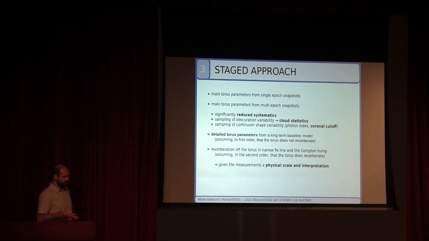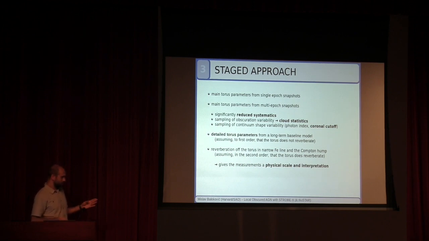And then what I'm hoping would be possible to do is reverberation of the torus. So this is not the reverberation of the broad iron line, it's the narrow iron line and the Compton hump. This depends a lot on what actually the timescale is and whether this is detectable within the mission lifetime. But in any case, it would require you to sample the light curves in the iron band and the Compton hump well over a long time scale.